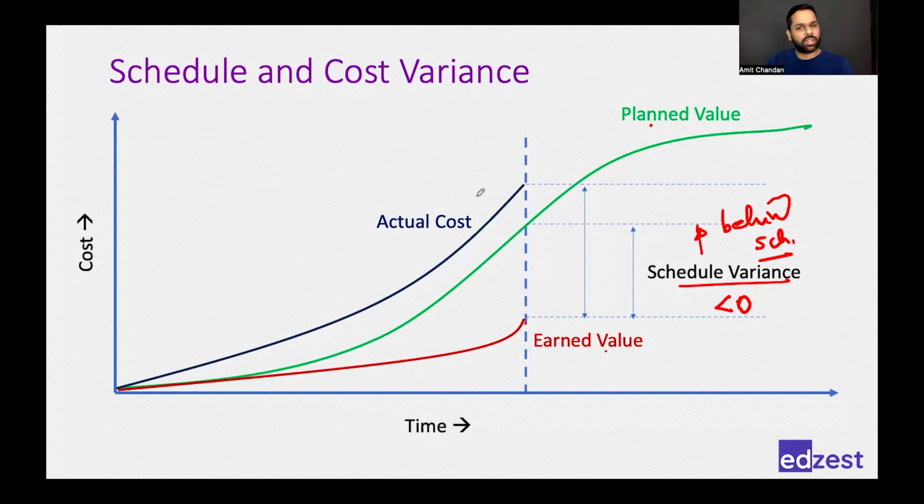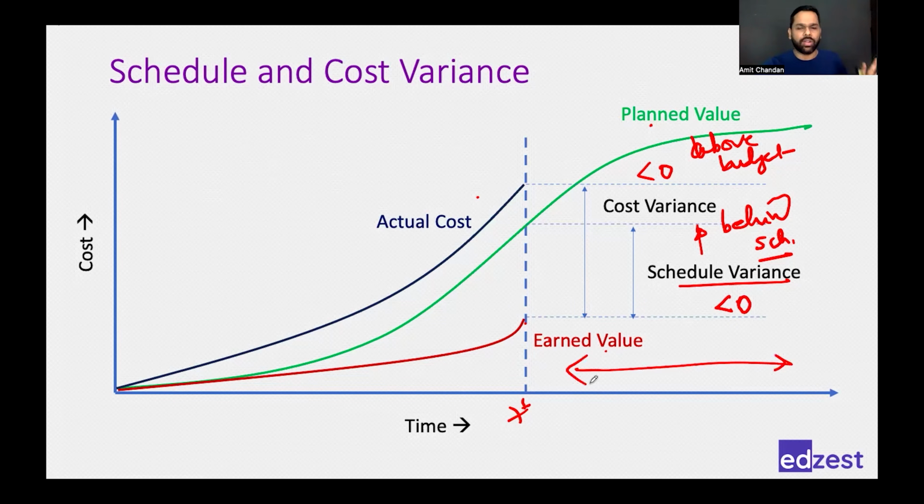Earned value minus actual cost will give me my cost variance. This will also be less than 0, which means I am above budget. So as of today, what's happening is I'm behind schedule and I am above budget. So I have a lot of things to do in the remaining period of the project. I'm not doing a good job. That's what this chart shows.